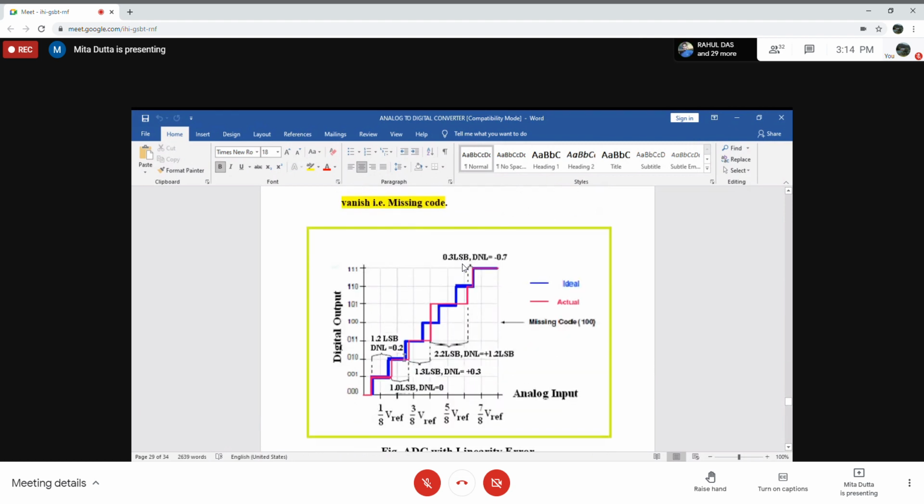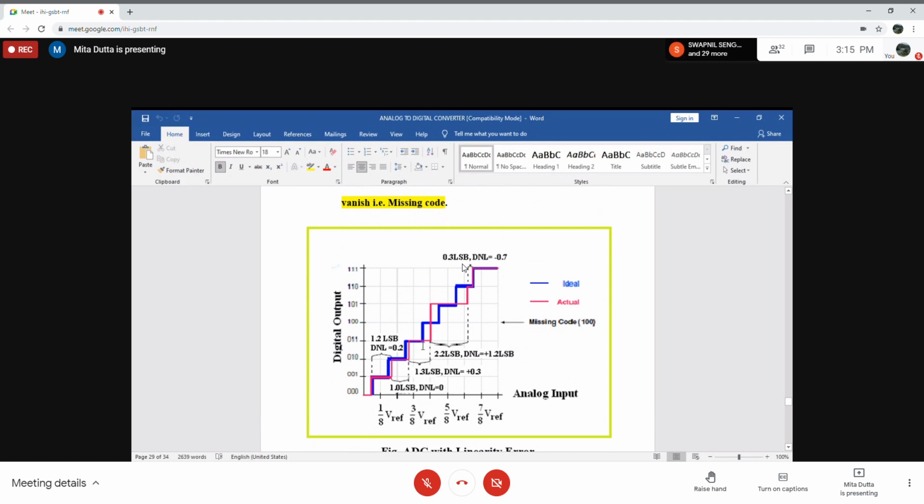But here, since both of them are 1 LSB, the pink width at 010 will be 1 LSB, and the blue one will also be 1 LSB. So the differential nonlinearity will be 0.